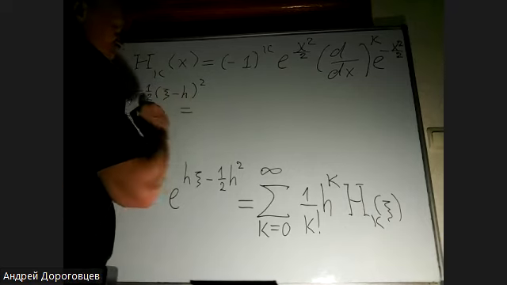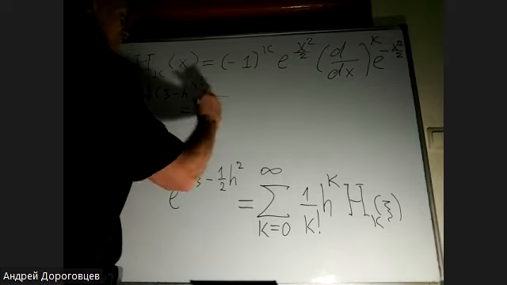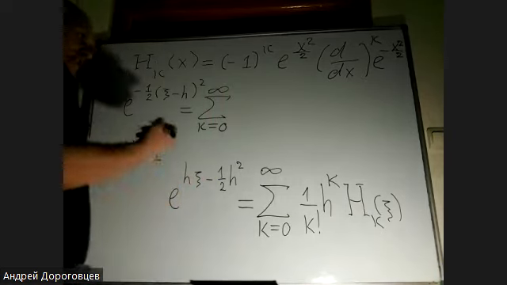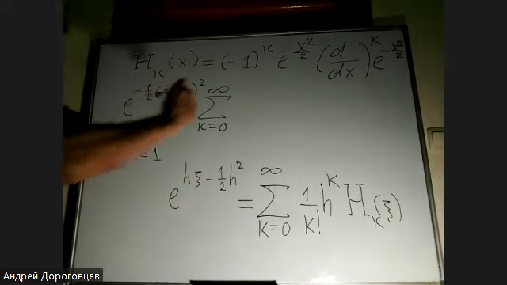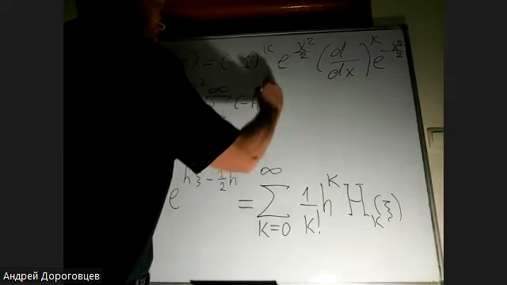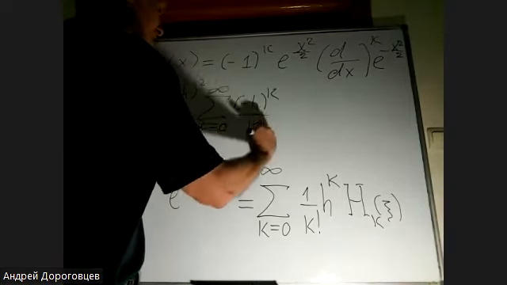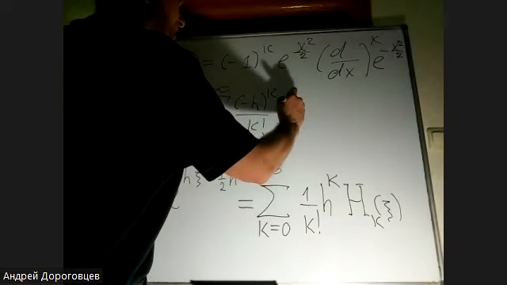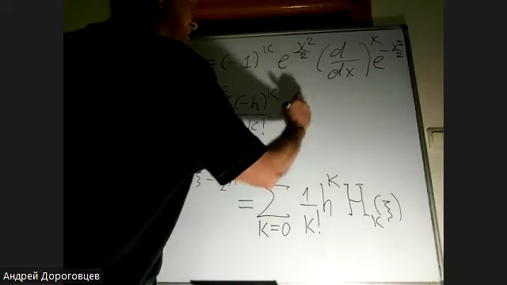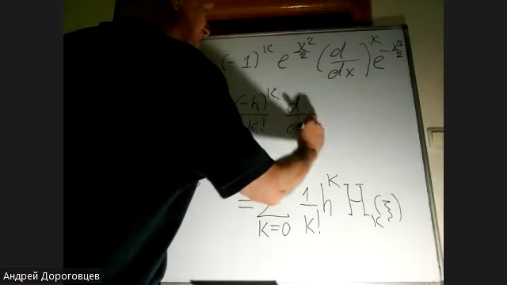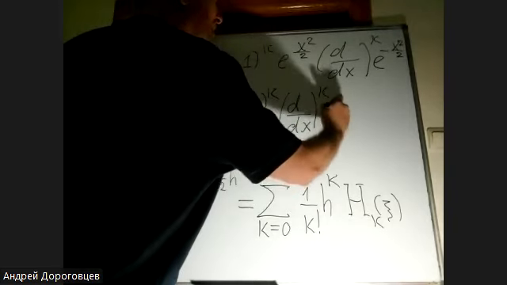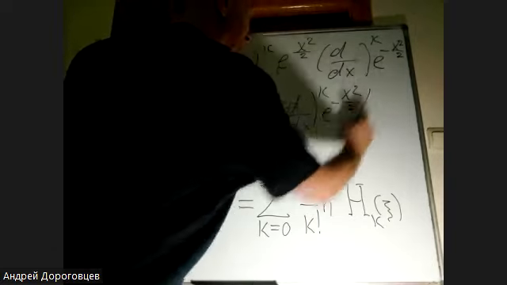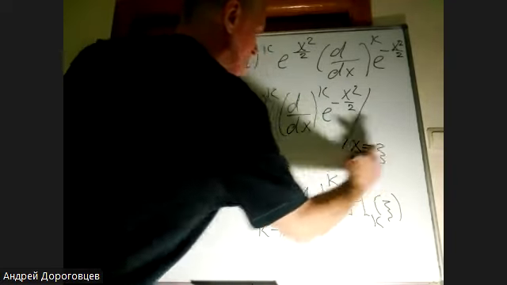So it must be equal to the sum from k equals 0 to infinity. I am writing the Taylor series: minus h to the power k over k factorial, and here I have to write the d/dx to the power k of e to the minus x squared over 2, when x is equal to psi.